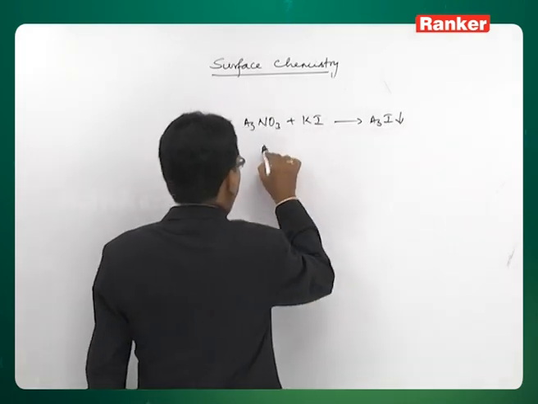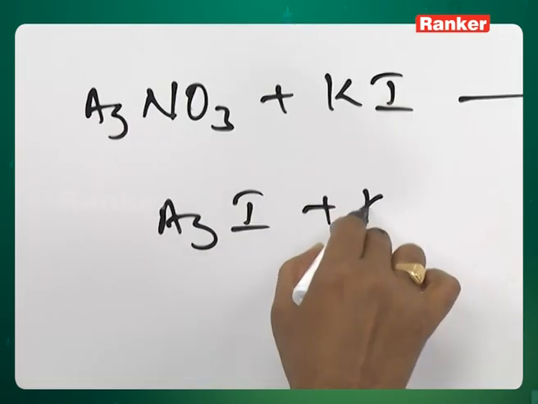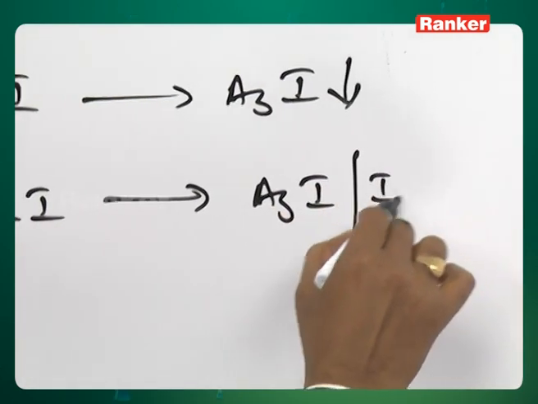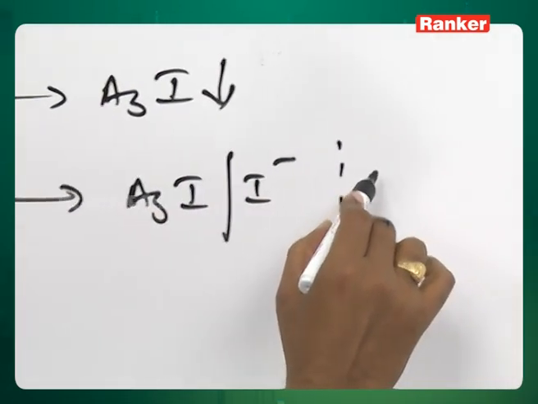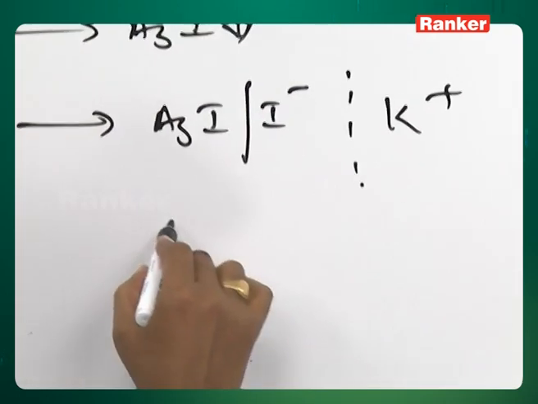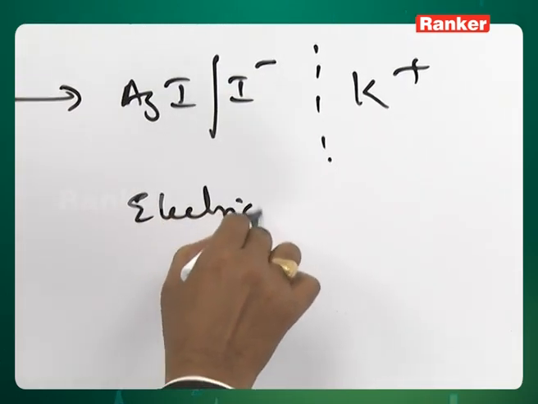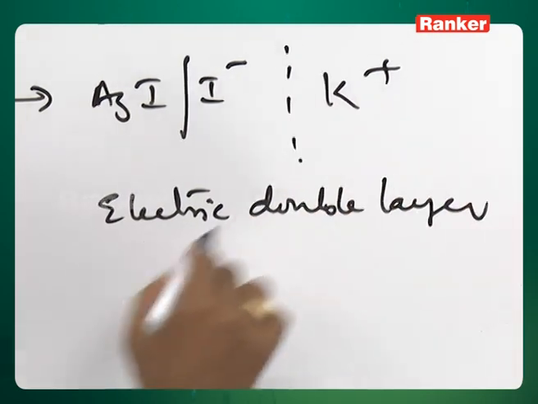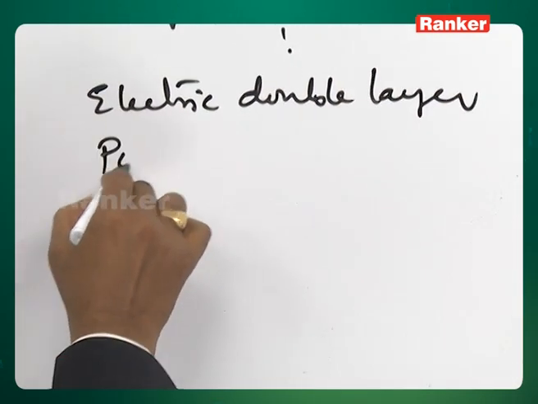To the AgI precipitate, when you add excess of potassium iodide, you will get the AgI, I minus sol and potassium ions. Here you will get an electric double layer. Now, a potential difference arises.